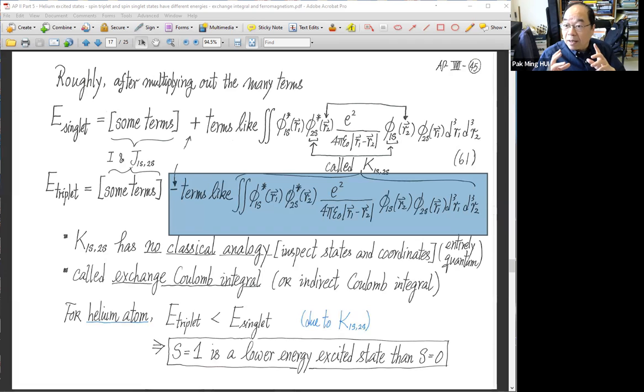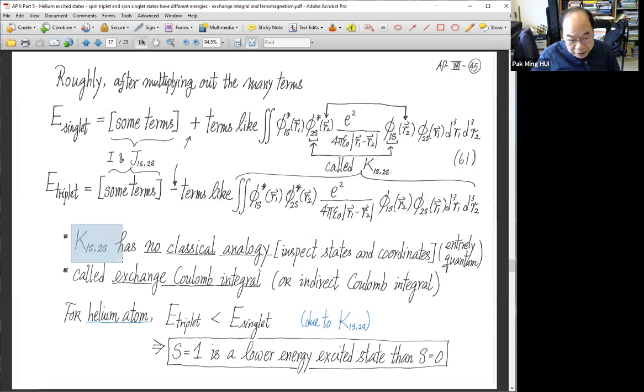Okay. Now, this thing, as we already mentioned, there is no classical interpretation. So it is 100% quantum mechanical effect. This was the integral that we introduced in the previous part.